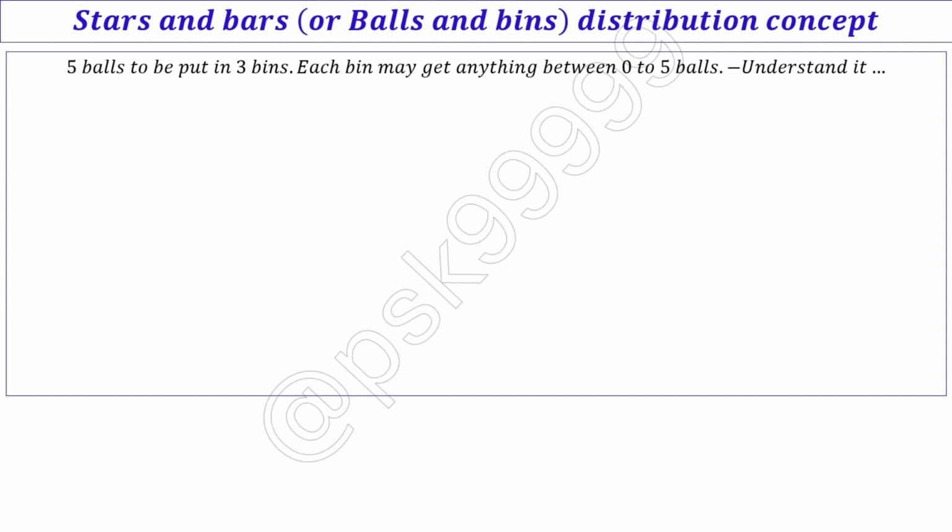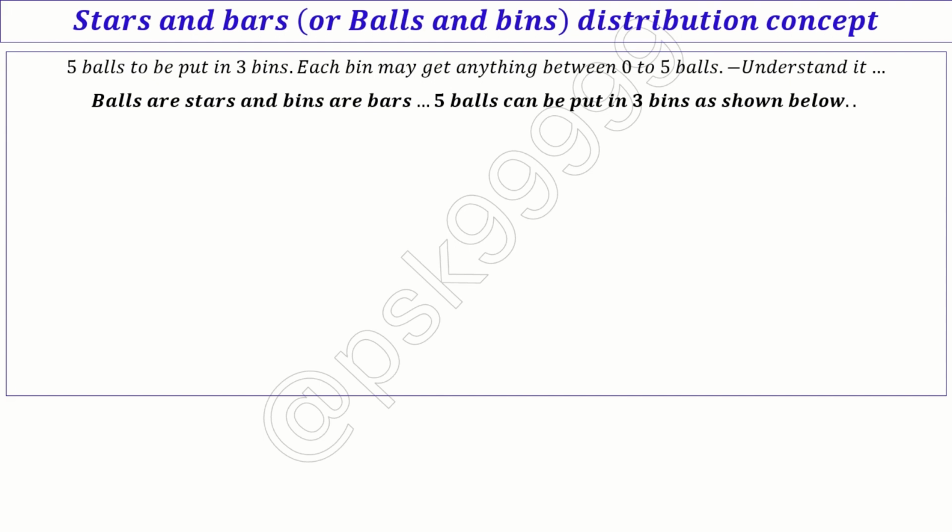Let's equate the balls to stars and the bins to bars. So all balls are stars and all bins are bars. This is the same as 5 balls being put in 3 bins as shown below. 2 stars means 2 balls in the first bin, and a bar separates it, then 2 stars in the second bin and 1 star in the third bin.